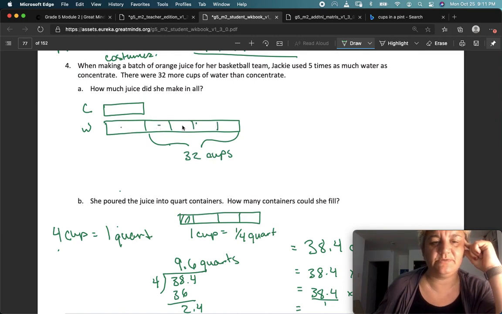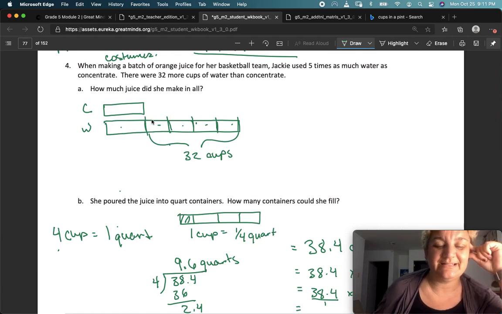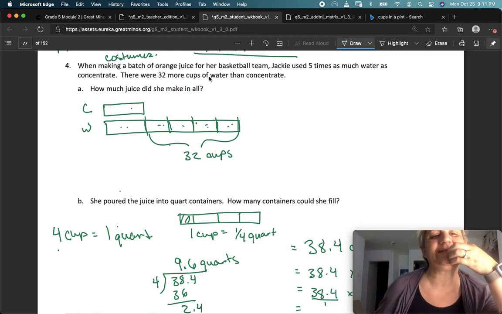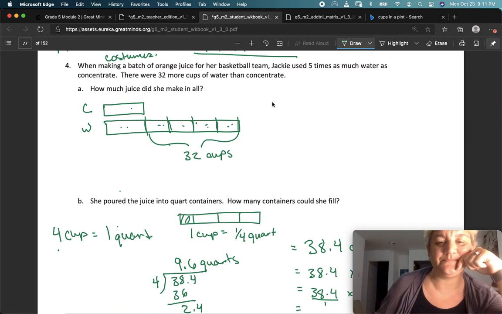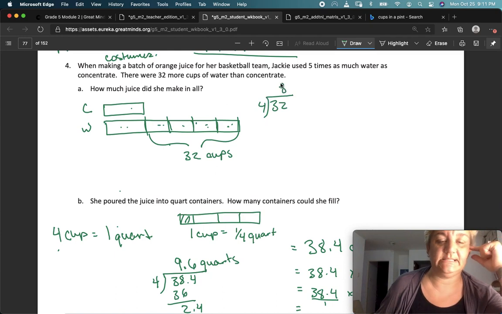And I know that these 4 together make 32, which would mean 32 divided by 4 is 8. Yep, that means that each of these is 8. And that was 8, and that is 8.